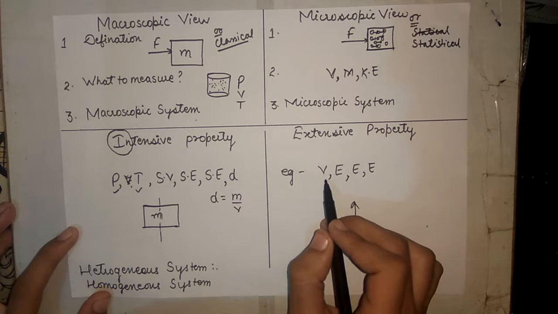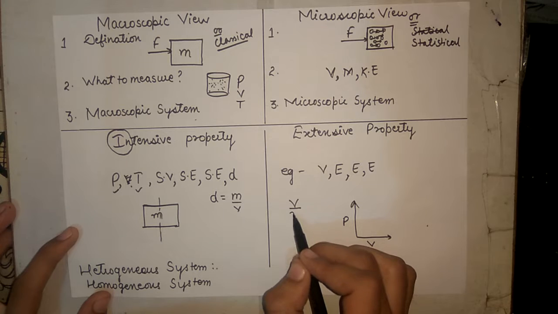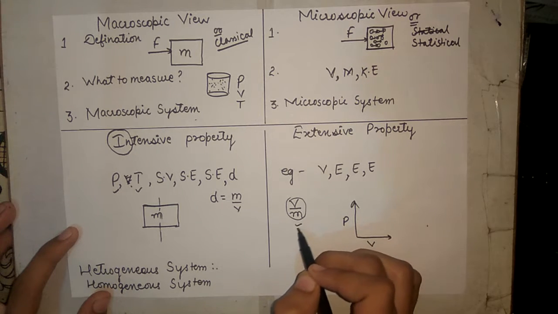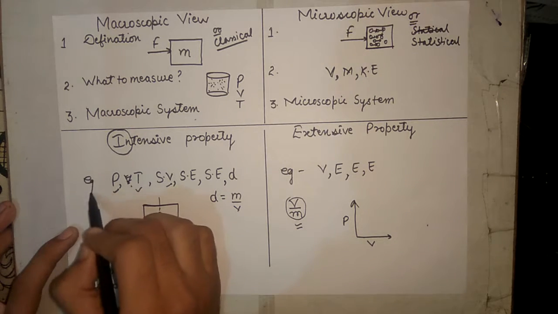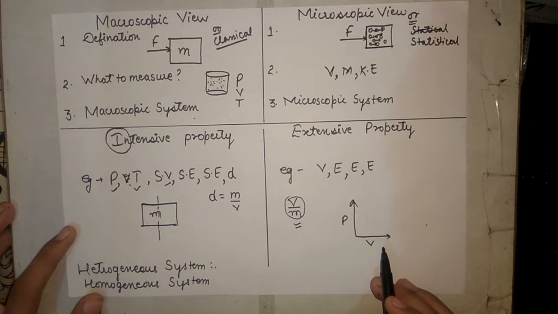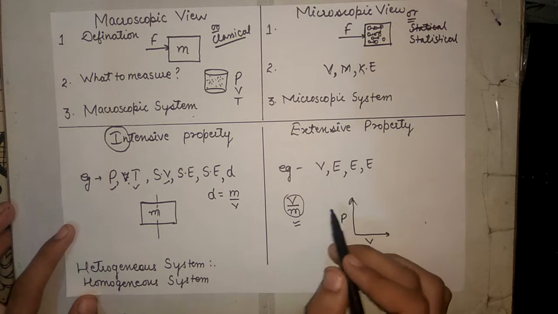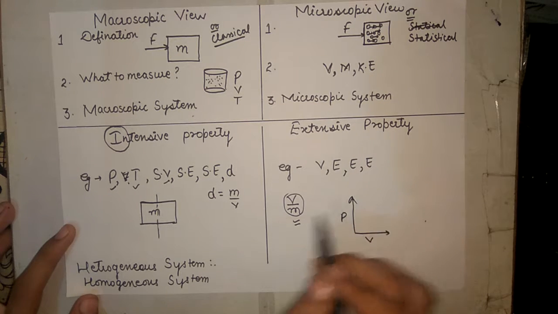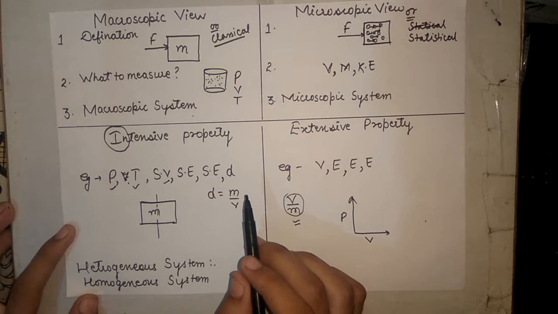So to make volume intensive, we divide it by mass, and then we get the specific volume, as you can see in the example. Okay, so these were the examples. Same case for enthalpy. When enthalpy is divided by mass, we get specific enthalpy, meaning an intensive property.